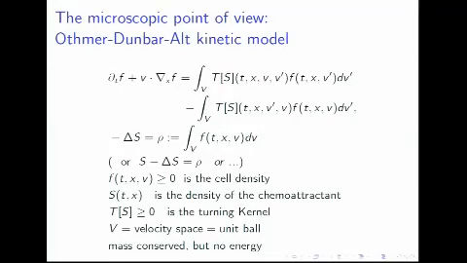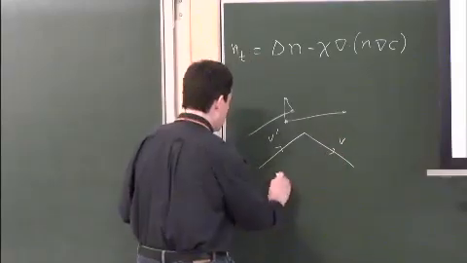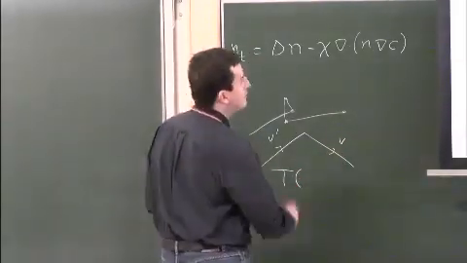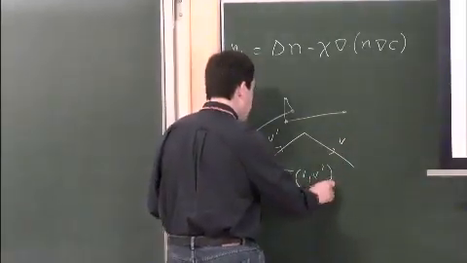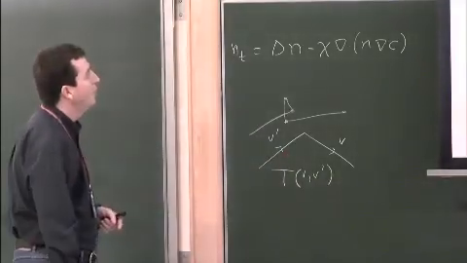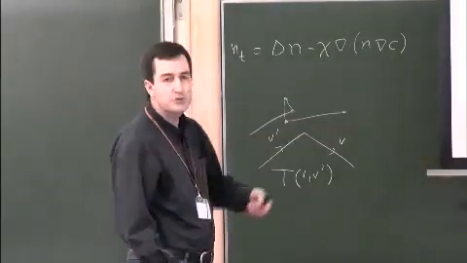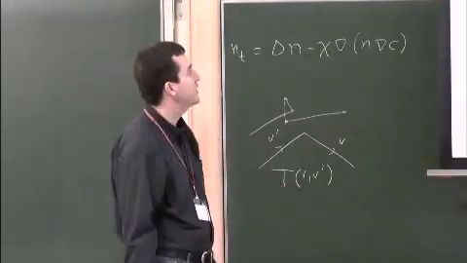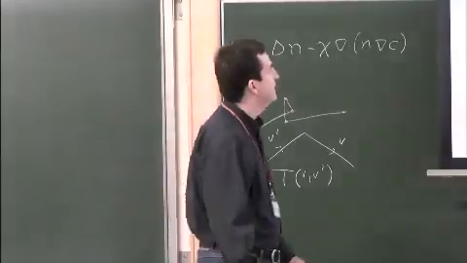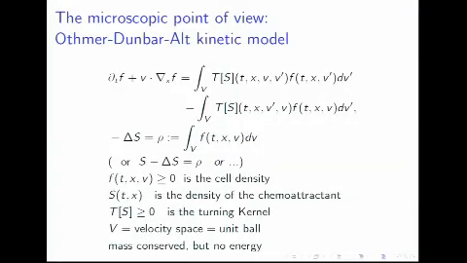So let's see, T of v, v prime is a measure of the probability of changing from velocity v prime to v. So think of it this way: v prime, v. Okay, for S, in real life, you should probably write down a parabolic equation for S, but if you are a mathematician, you simplify it and you write down an elliptic equation.